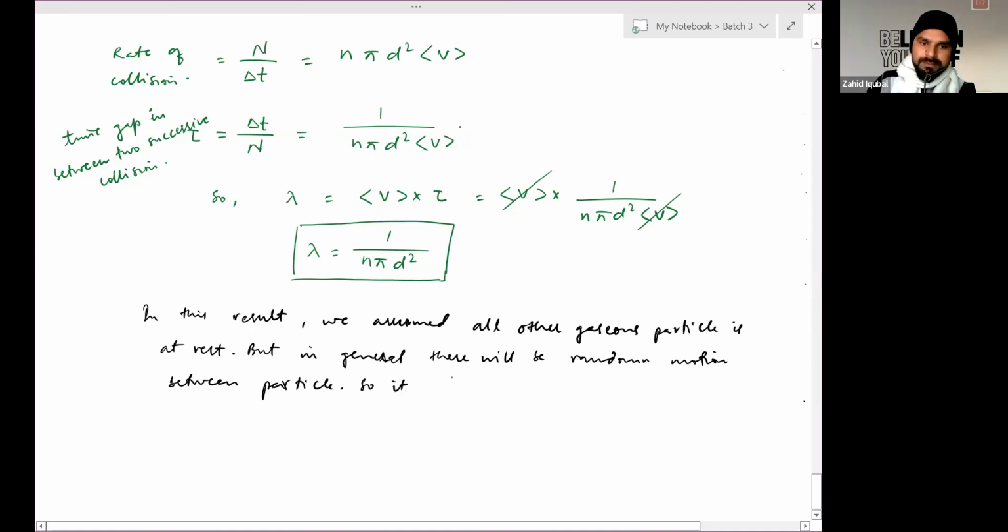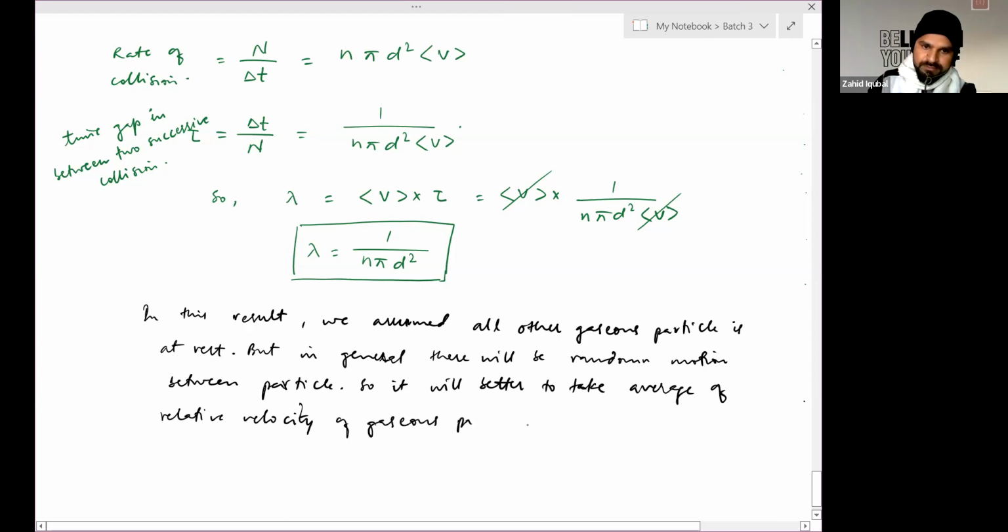So it will be better to take the average of the relative velocity of gaseous particles. Hence, the above expression is transformed to 1 by root 2 times n pi d squared.